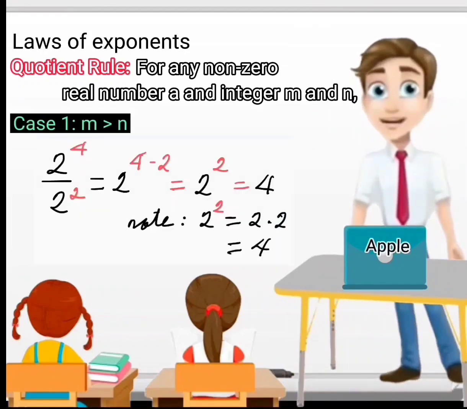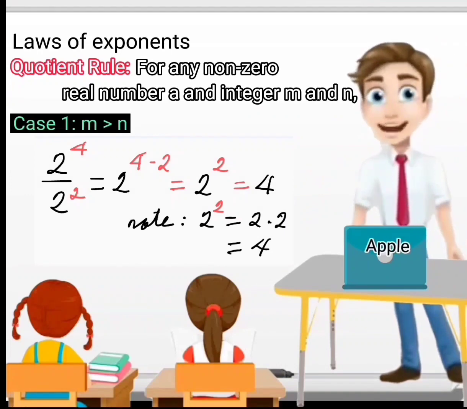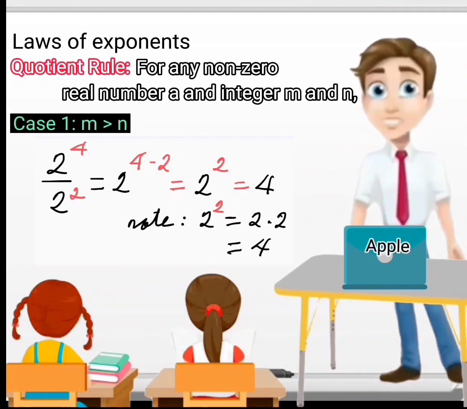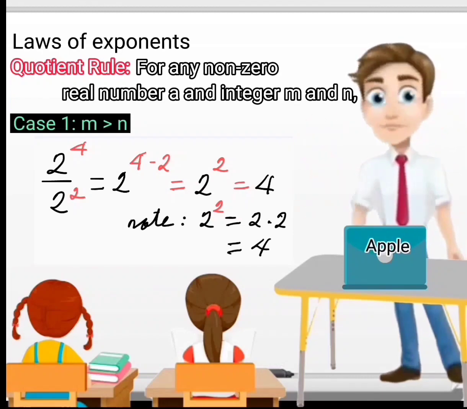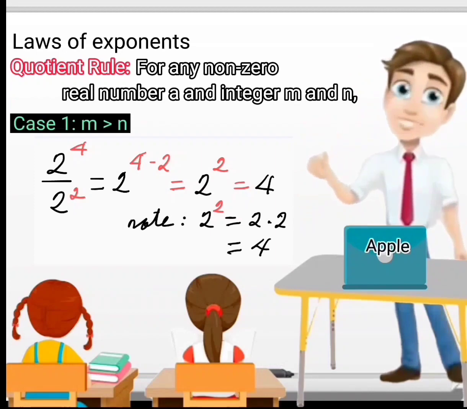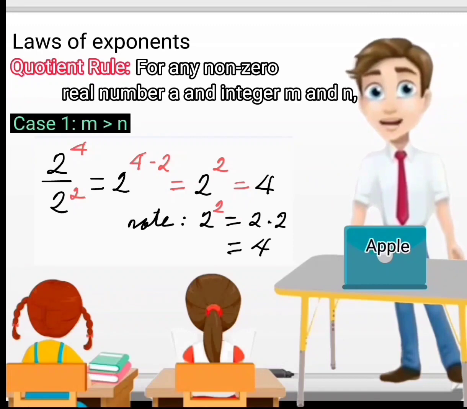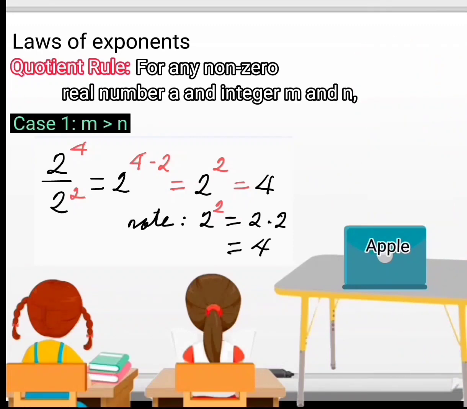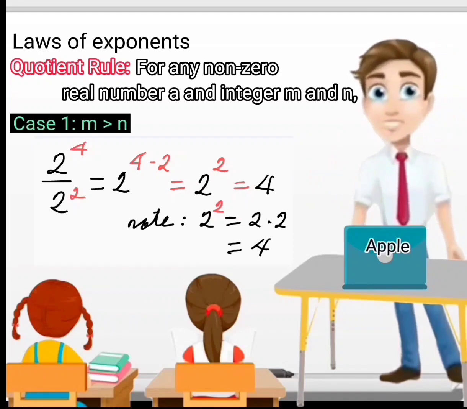So sa ating halimbawa sa ngayon, we have 2 raised to 4 divided by 2 raised to 2. So yung value ng m natin ay 4 and the value of n is 2. So therefore 4 is greater than 2. So anong gagawin natin sa kanilang mga exponent? Pag-minusin lang natin pagkatapos natin makopya yung common base ng numerator and denominator natin.